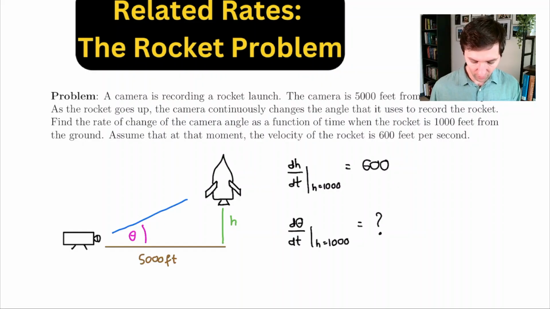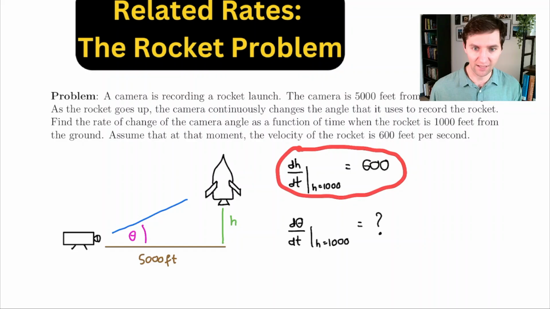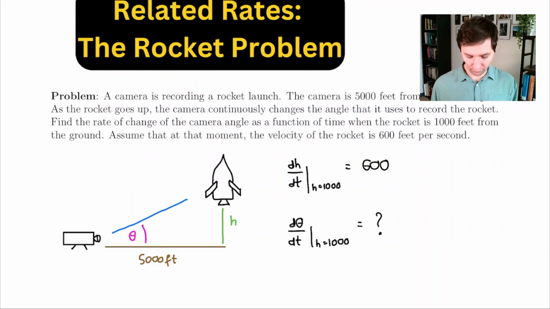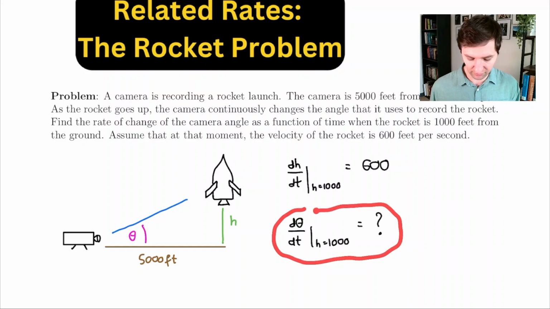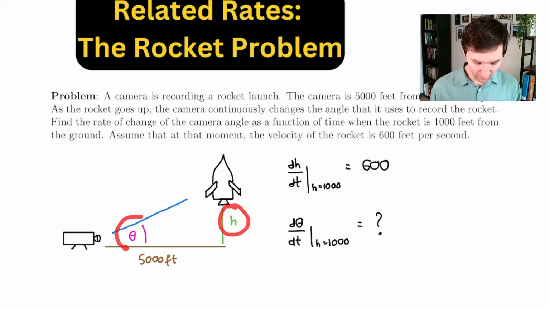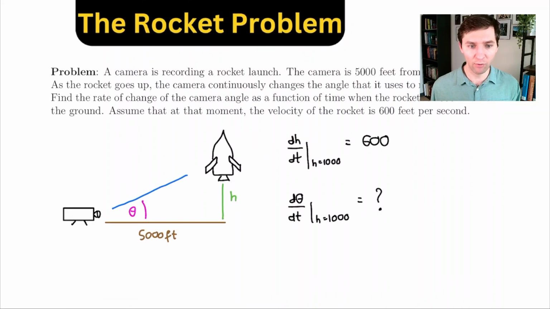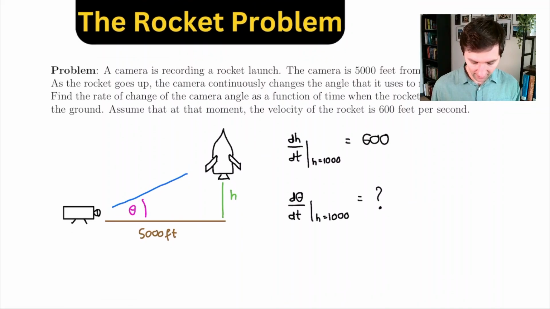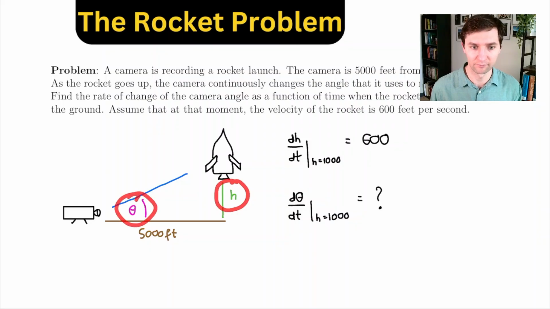I know one rate at a particular moment. I want to know a different rate at a particular moment. h and theta are related. The bigger h, the bigger theta. The smaller h, the smaller theta. Their rates are also related. Can we find an equation that relates h and theta?